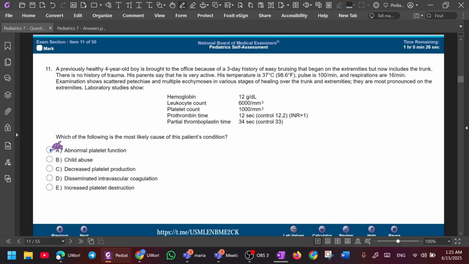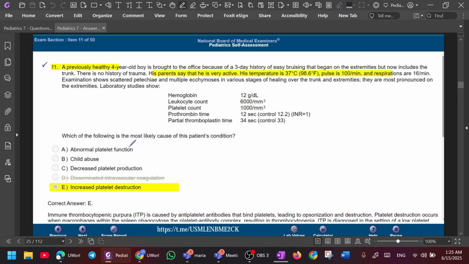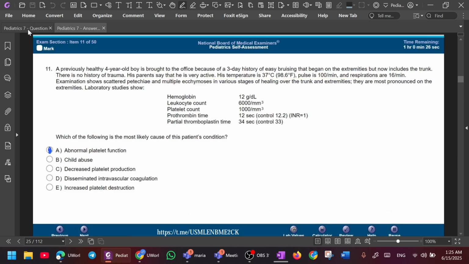Disseminated intravascular coagulation. Increased platelet destruction. But he has, I don't know. I definitely have to read all that. Ready? Yes. So it is increased platelet destruction.